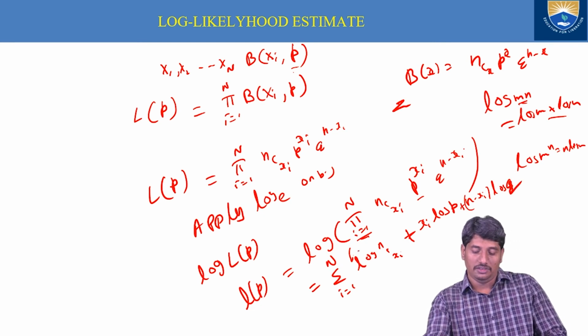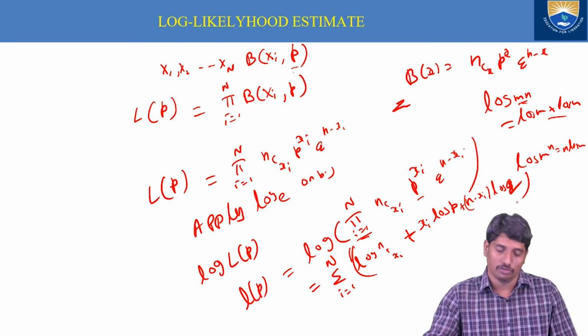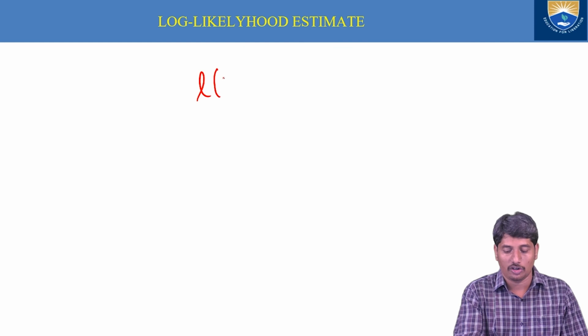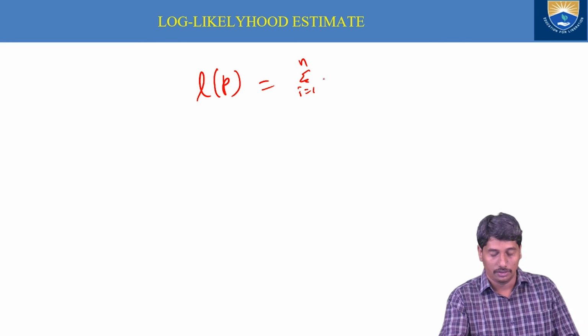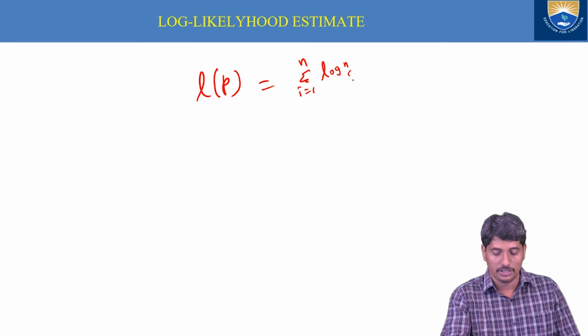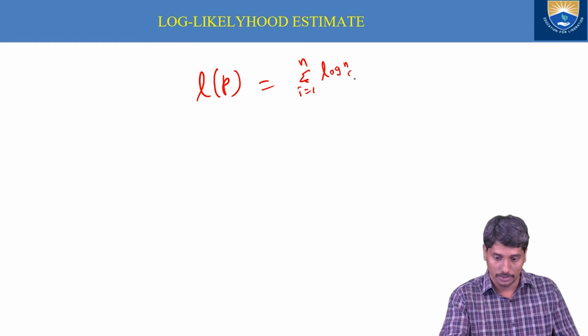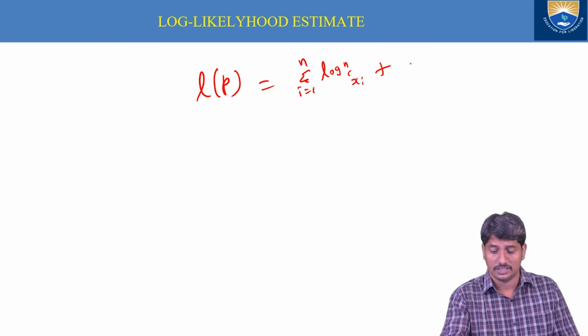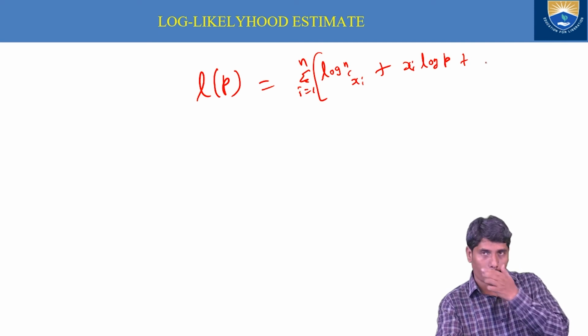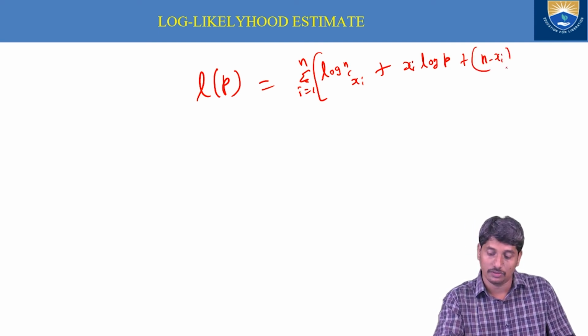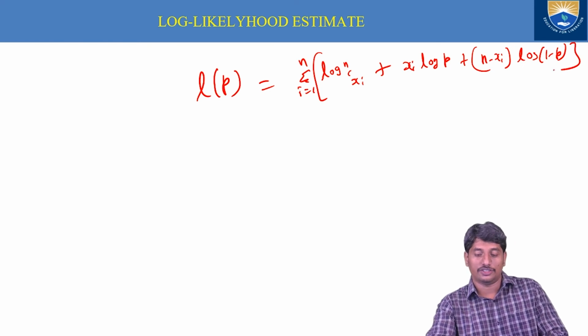This is what we got for the log likelihood estimation of the binomial. So the log likelihood of the binomial distribution is summation i equal to 1 to n of log nC xi plus summation of xi log p plus (n minus xi) into log (1 minus p). This is the log likelihood function we obtained.